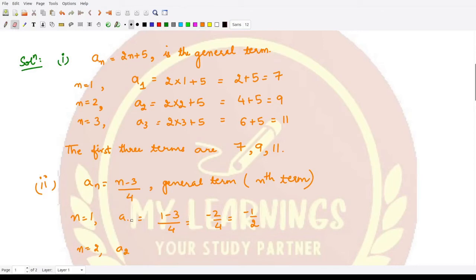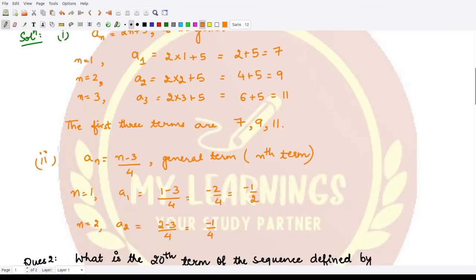Similarly, when n is equal to 2, you can calculate your second term. Here it is not an, here it is a1, right? For the first term, we have a1. For a2, in place of n, we have to write n is equal to 2. So it would be 2 minus 3 upon 4. So 2 minus 3 is minus 1 divided by 4. So this is your second term. And for the last term here, we require a3, for n is equal to 3, right?